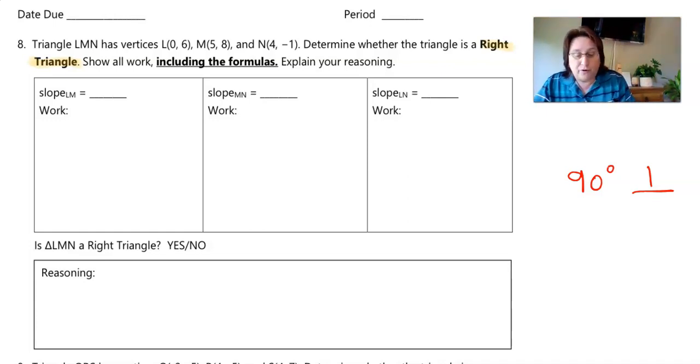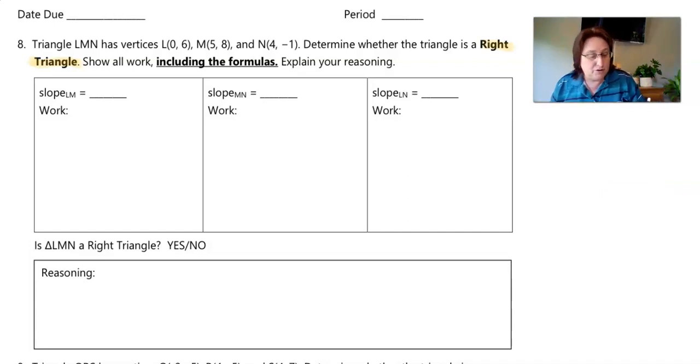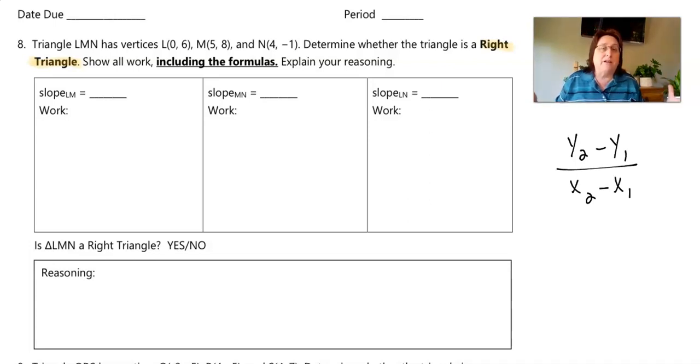Okay, so first thing you're going to do, write down your formula. So we don't have a graph here, so we're going to need to use our formula, which is y2 minus y1 over x2 minus x1. Now, I wrote down an expression, but it's not a formula unless I put m equals. That's the slope equals.